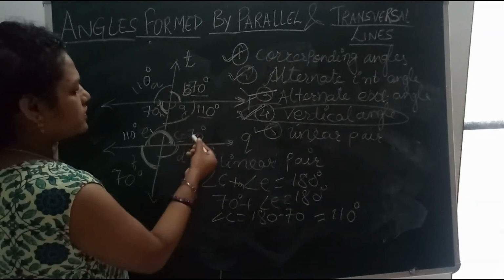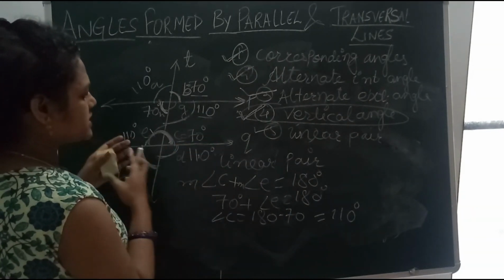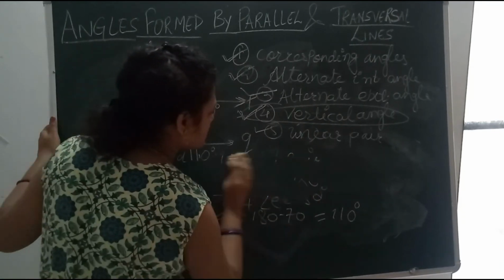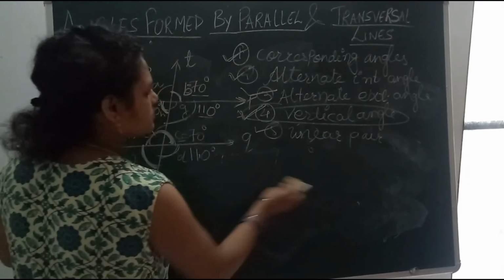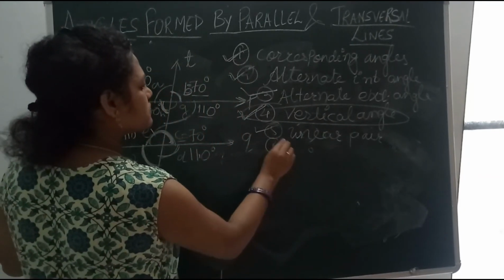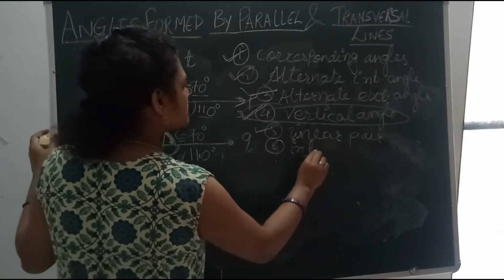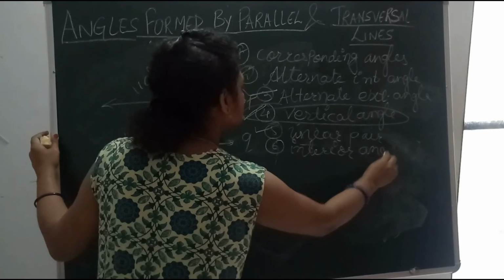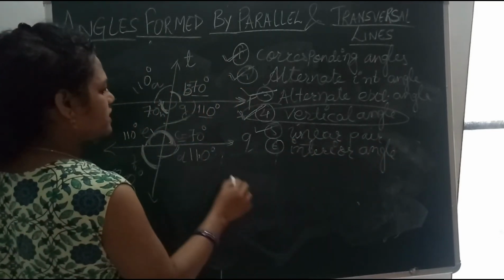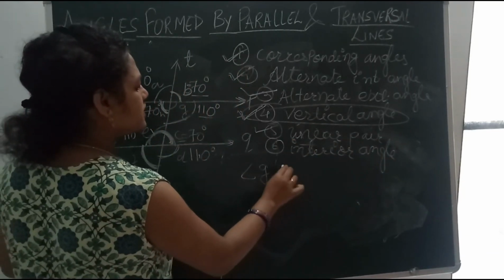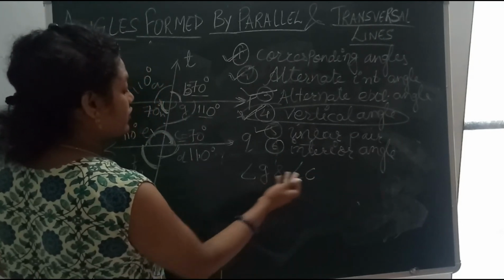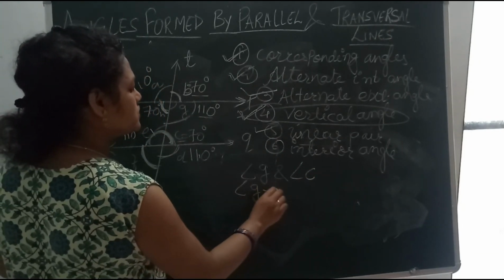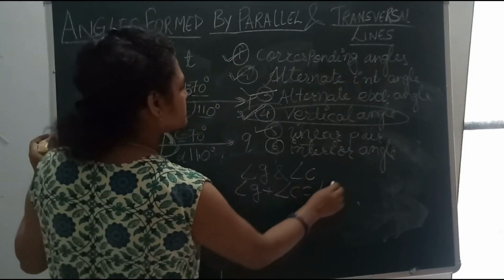Now interior angle is left, we will see that also. Your interior angles are G and C, and what I told, the sum of these two, what will you get? 180.